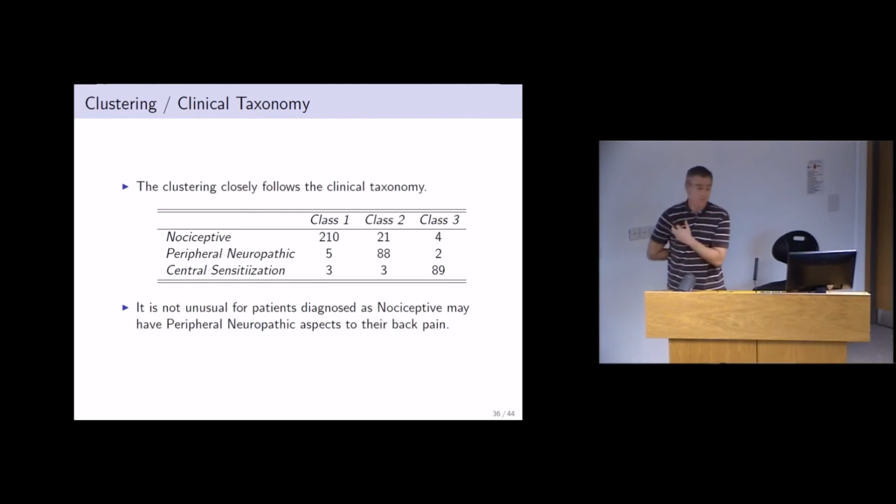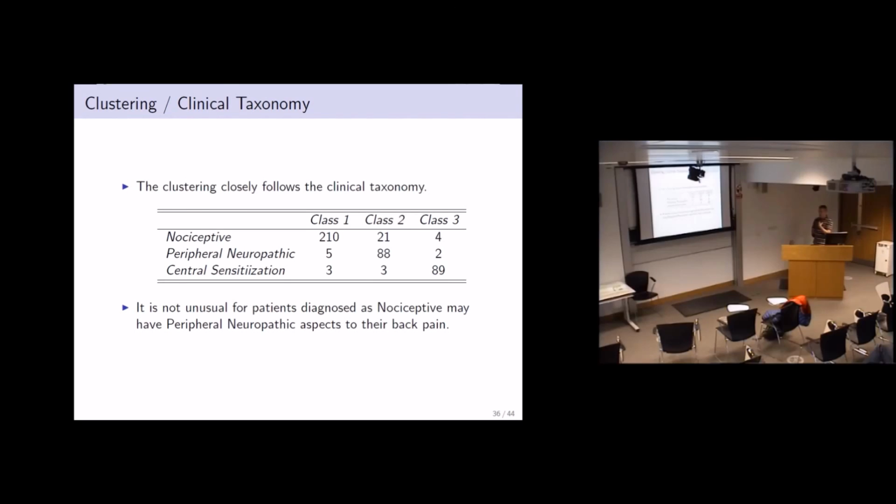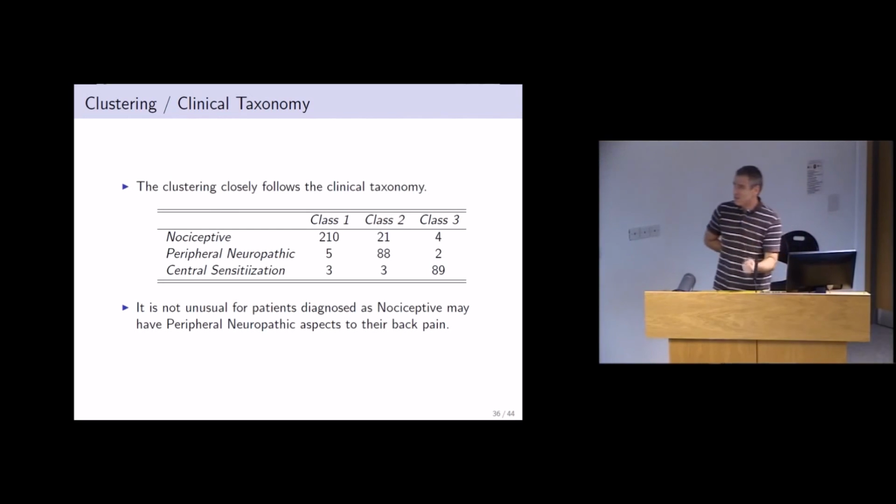There are patients that are probably both nociceptive and peripheral neuropathic, and might even be like 80% one and 20% the other. But our model says no. You fully belong to one of these groups and one only. Our model output might say we're not sure which group you belong to, but the model says you're fully in one or the other. So yeah, that is true.